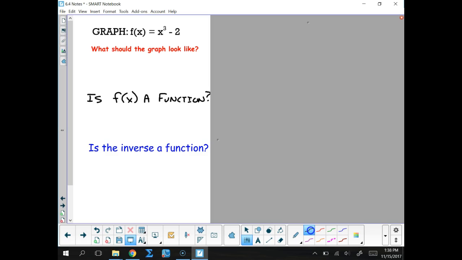What should that one look like? They're going to go opposite directions, right? If I'm going to the right, up or down?